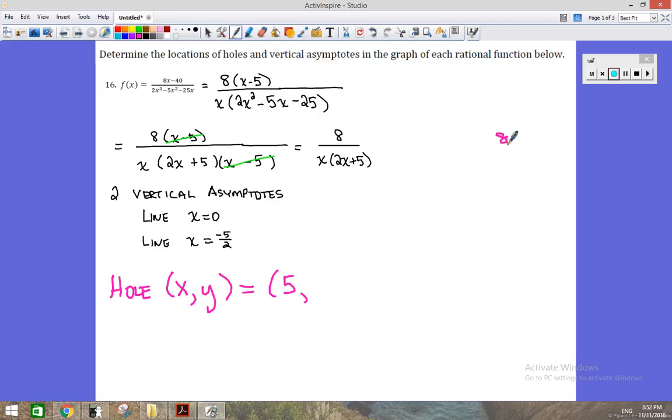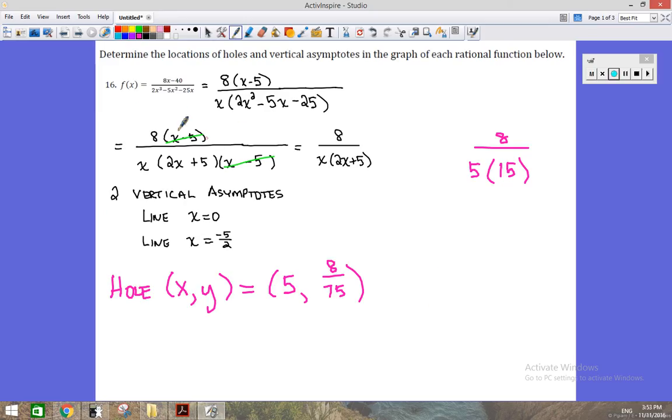So my numerator is 8, my denominator is a factor of 5, and here 2 times 5 is 10, and 10 plus 5 is 15. 5 times 15 is 75, and 75 and 8 do not share any common factors. So there's the location of my hole. I had one hole, and it's located at 5 comma 8 over 75.